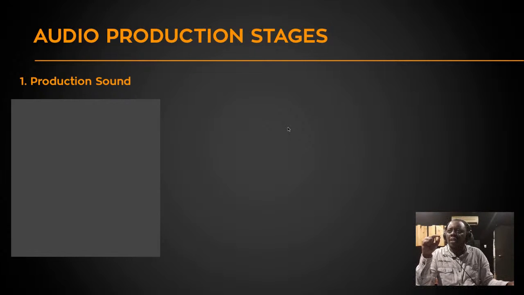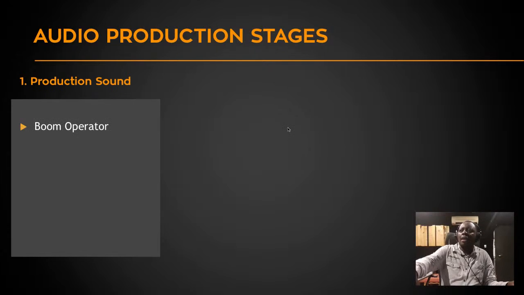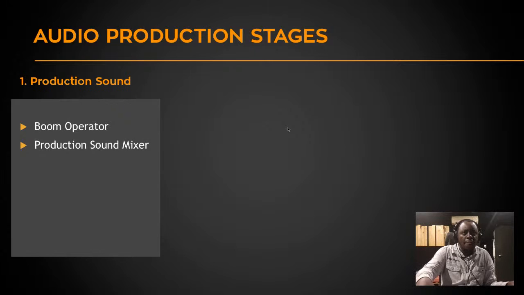This is a very crucial part of production, because you have to go and capture the actors' performance on set. This is normally done together by a production sound mixer and a boom operator. So in production, we have the sound mixer and the boom operator. These are the major people who work in the production phase.